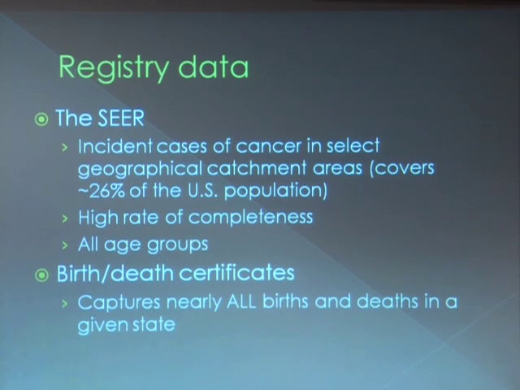Now with the registry data, I mentioned the CER. The CER is going to cover incident cases of cancer in select geographical catchment areas, and it covers about 26% of the US population, has a very high rate of completeness and very, very high quality data, and it covers all age groups.